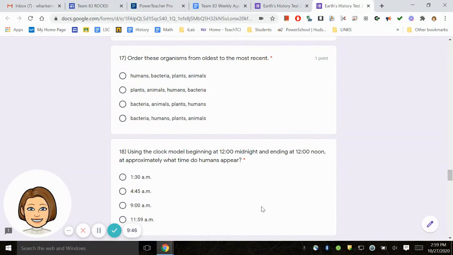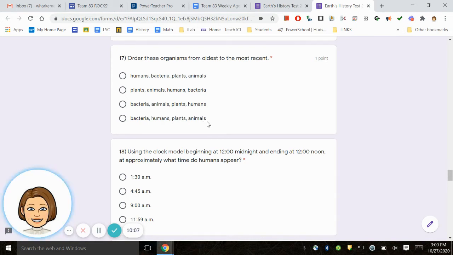Number 17, order these organisms from the oldest to the most recent. Humans, bacteria, plants, animals. Plants, animals, humans, bacteria. Bacteria, animals, plants, humans.